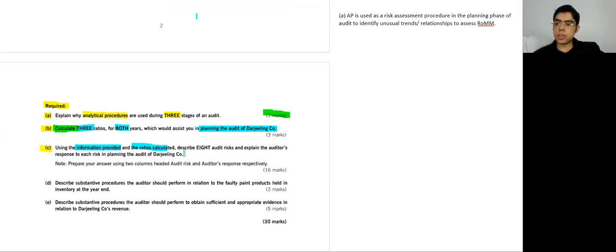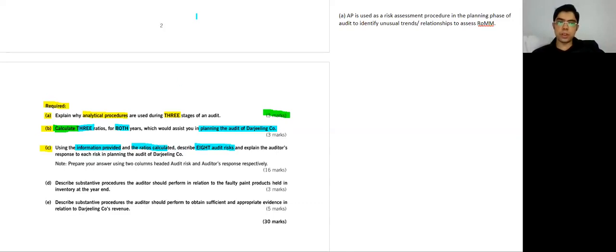You have to use this information and the ratios to describe 8 audit risks and explain the auditor's response to each risk in planning the audit of Darjeeling Co. For the time being, just ignore the requirement beyond this audit risks word. Assume as if the requirement is just describe 8 audit risks. We would just be focusing on the first portion of the requirement for the time being.